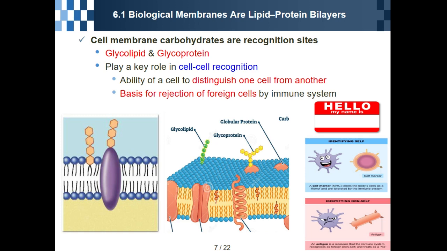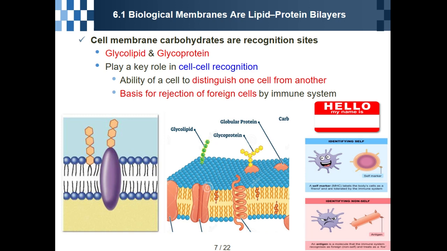This glycolipid, glycoprotein, says that my name is Ijeon, my name is Kang, like this. This is the name tag of the cells.